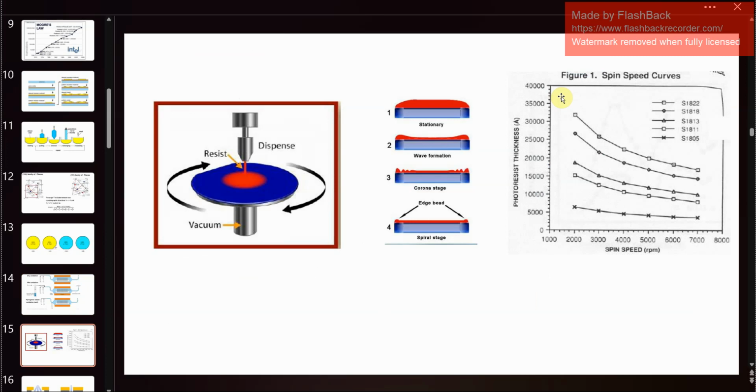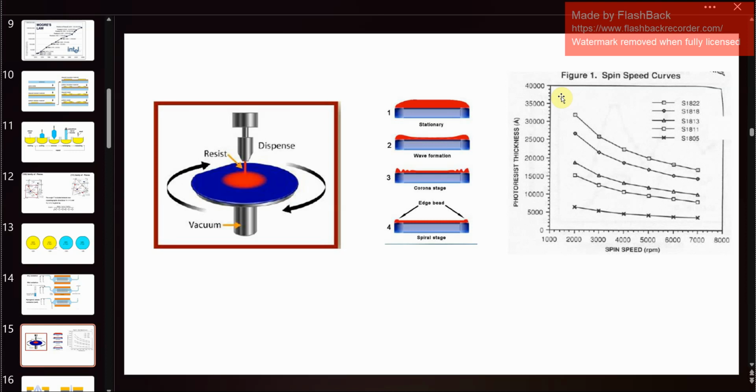So now coming to the lithography process. After you have gotten the wafer and oxidized it, you need to put the photoresist on it so that you can develop structures on the substrate. For that you use the spin coating mechanism.